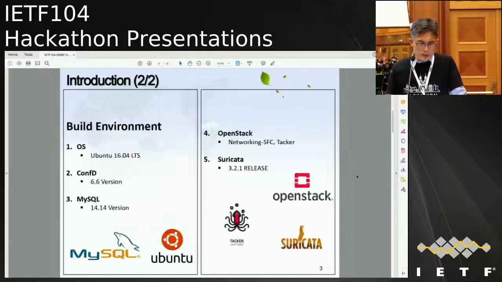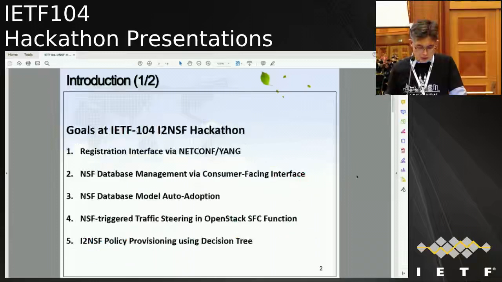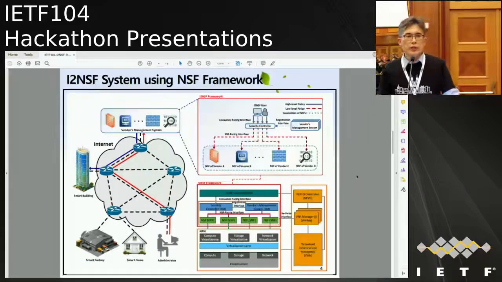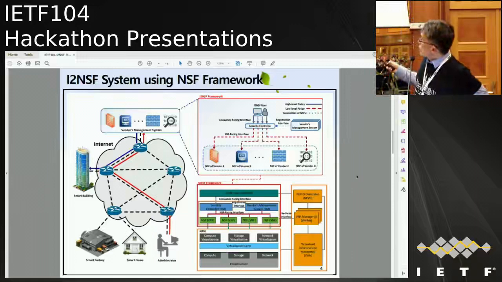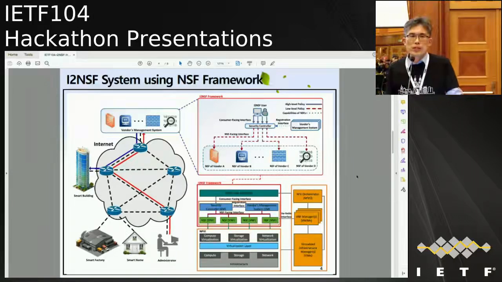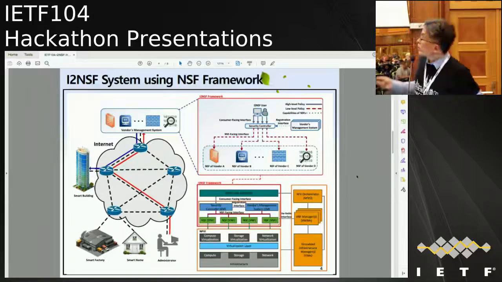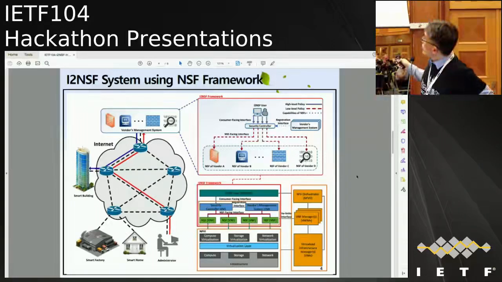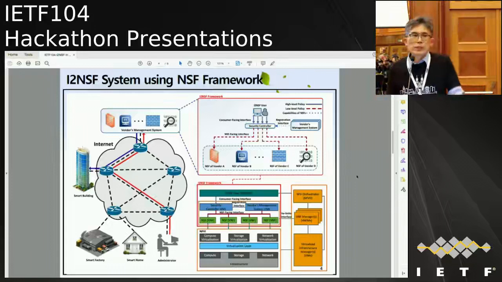So this is the building environment. I2NSF is for a cloud-based security services system. This time we're using the Edge NFV framework. On top of the Edge NFV framework, we implemented the IETF I2NSF working group framework. Basically, the user specifies a high-level policy into the security controller. The security controller translates it into low-level policy rules for a specific security VNF, virtual network function.